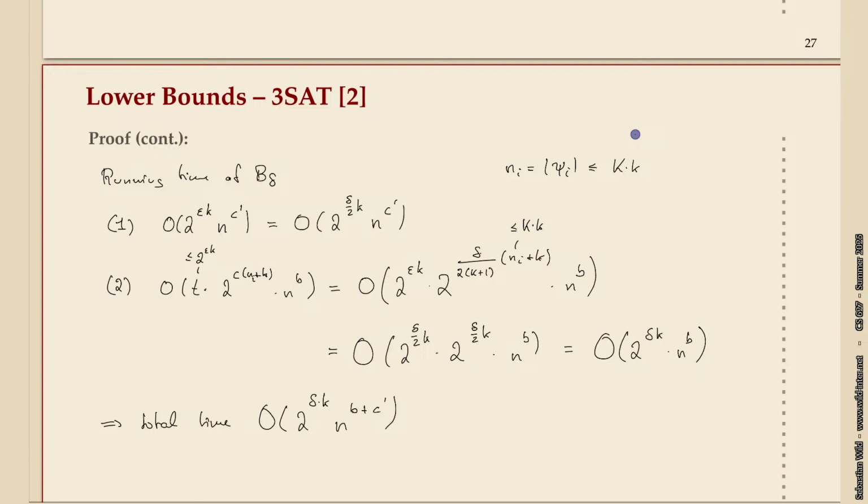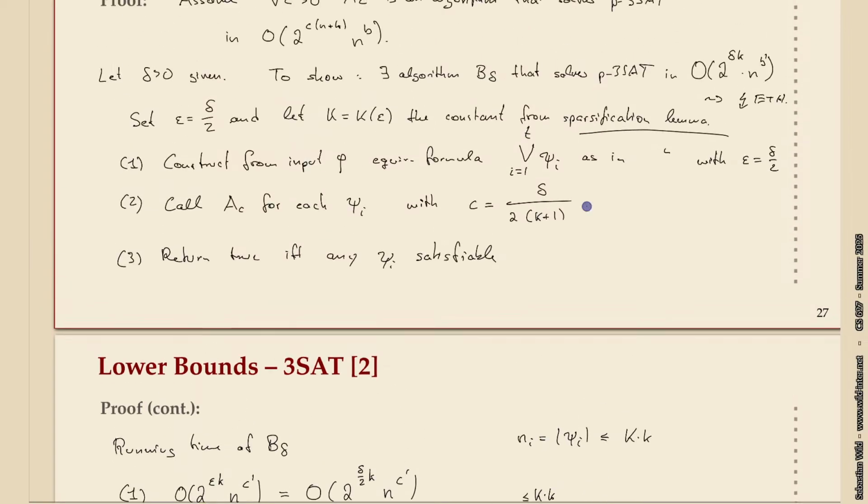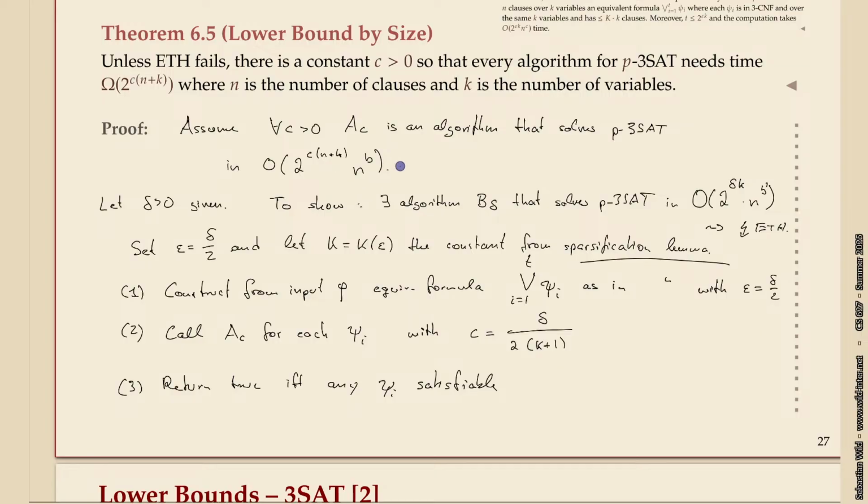Okay, so we've constructed an algorithm B_delta that, using our assumption, solves the 3-satisfiability problem in a time that contradicts the exponential time hypothesis. So if we believe in that hypothesis, we should refute our assumption.